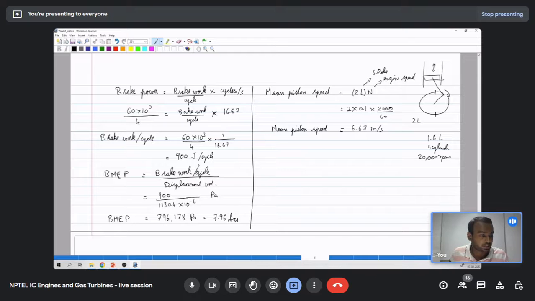So for higher rpm we will have higher mean piston speed, and all the inertia has to be taken into account. The forces due to the inertia of the piston, connecting rod and crankshaft should be handled by sufficiently strong components, and the balancing has to be very perfect on the crankshaft.